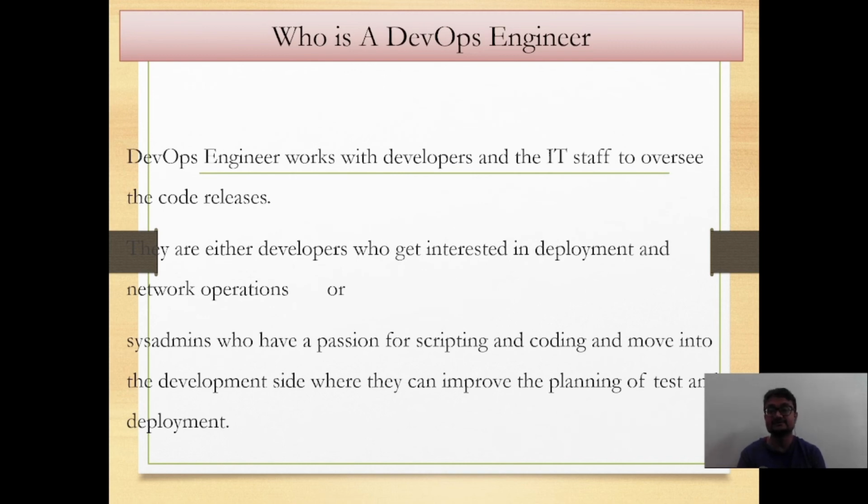Next, a system admin who has a passion for scripting and coding can move into this deployment side, where they can improve the planning of testing and development. So DevOps engineer is for all, for any background, freshers or experienced, or from a different field, can directly join DevOps and build their career as a DevOps engineer.